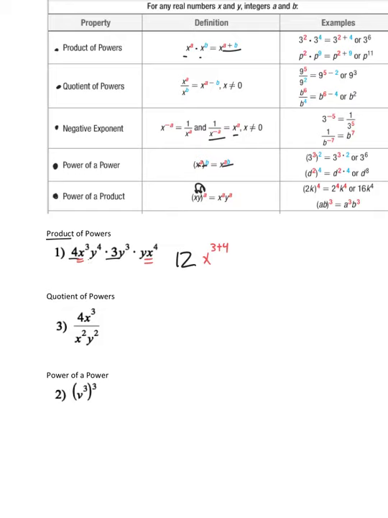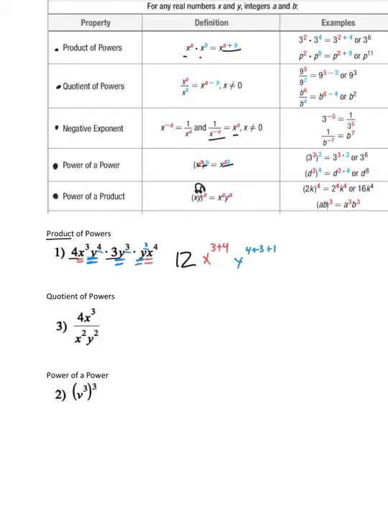And then with our y's, we've got y to the fourth, y to the third, and y, and if you remember, if we don't write an exponent up there, it's understood to be 1. So that's going to be y to the power of 4 plus 3 plus 1.